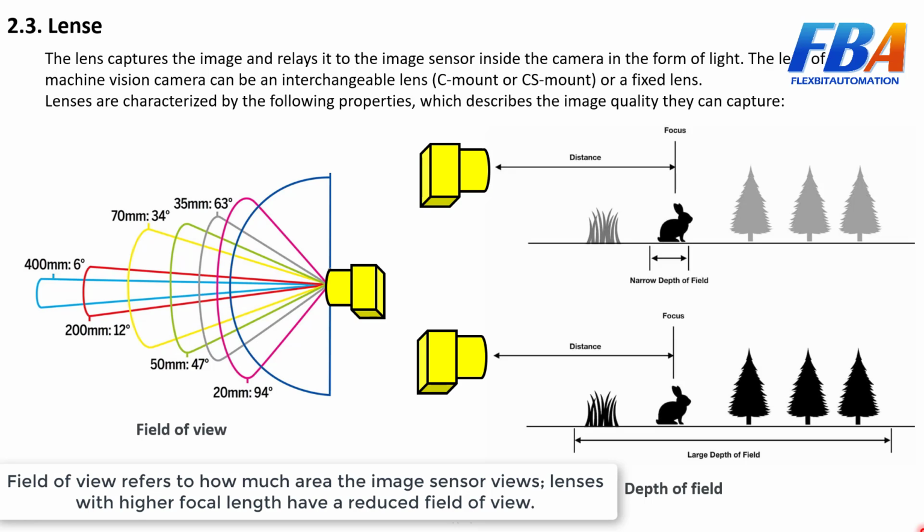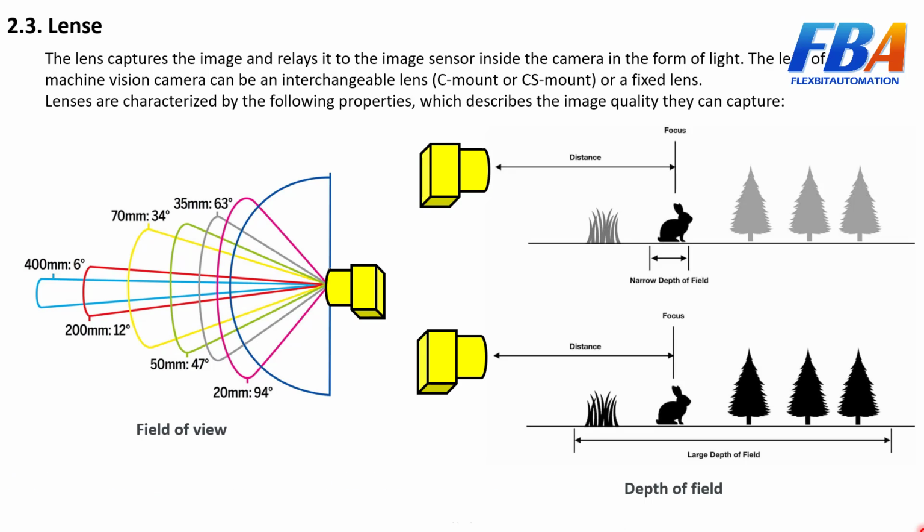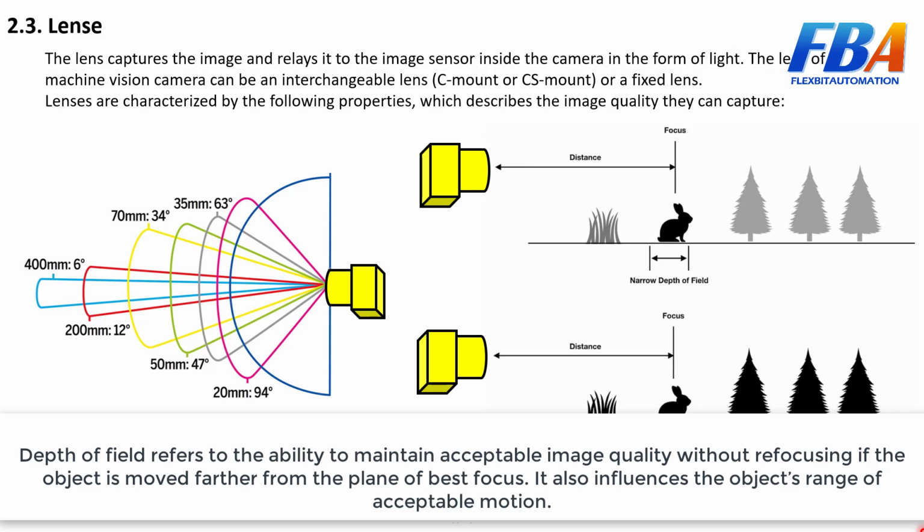The next one is the depth of field. It refers to the ability to maintain acceptable image quality without refocusing if the object is moved farther from the plane of best focus. It also influences the object's range of acceptable motion.